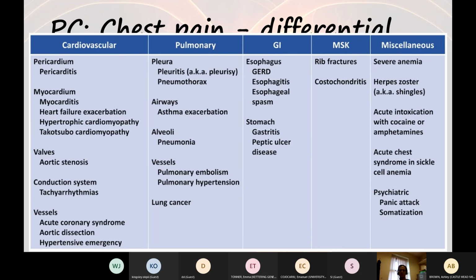So pain that's relieved by GTN spray can point you towards esophageal spasm, and it can be quite an accurate mimic for angina. So be aware of that possibility.